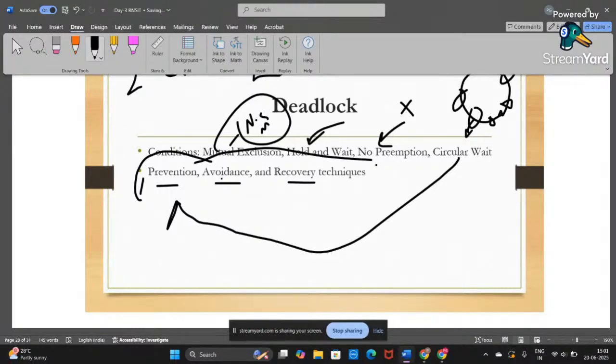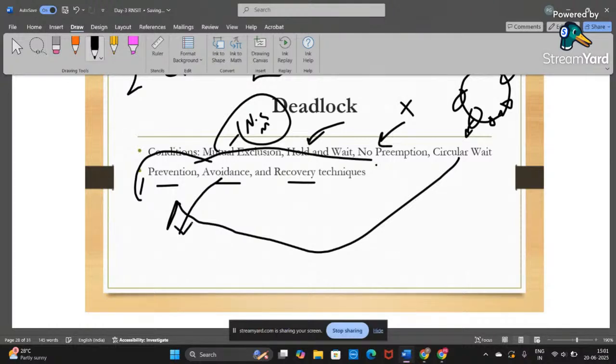Next, we'll see about deadlock avoidance. Avoidance is basically dynamically examining resource allocation and ensuring the system is always in a safe state.